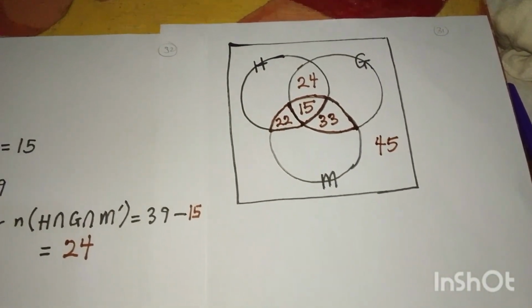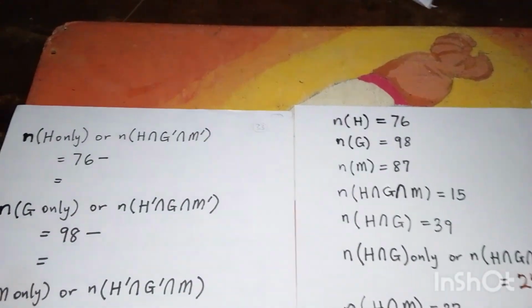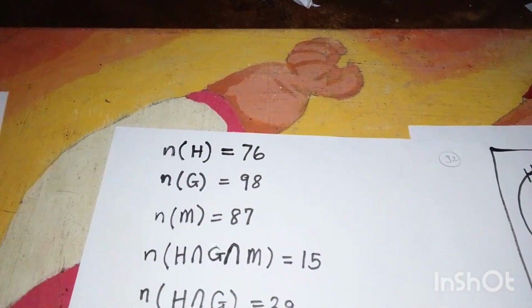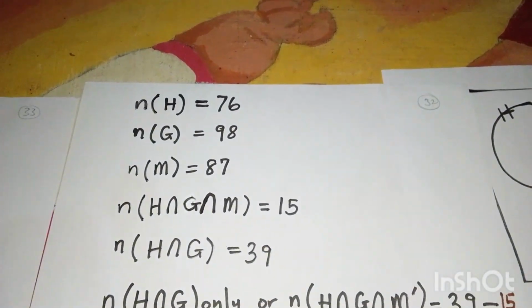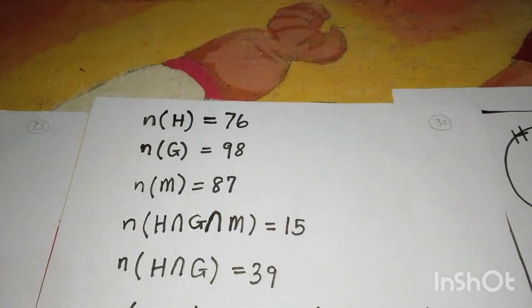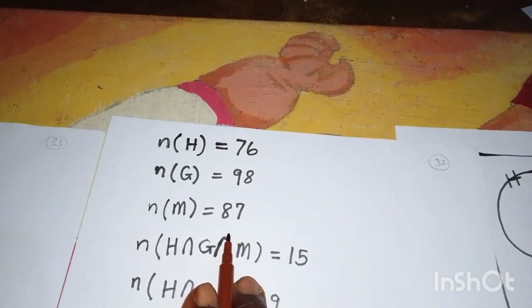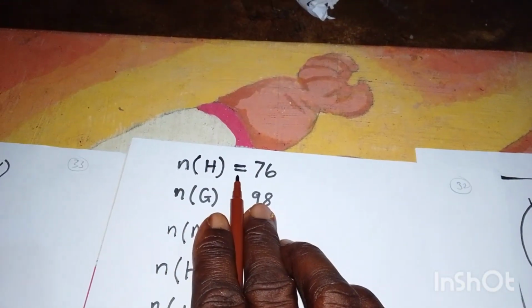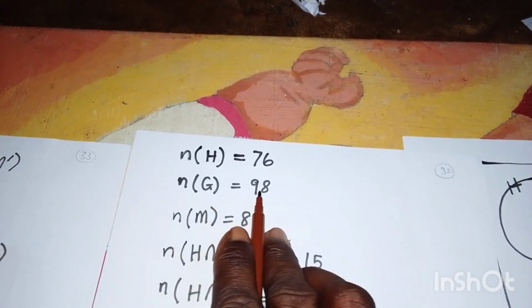Now we are done with that information. Since we know that 76 students like history, 98 students like geography, and 87 students like mathematics, how will we get those that like only history, only mathematics, and only geography?